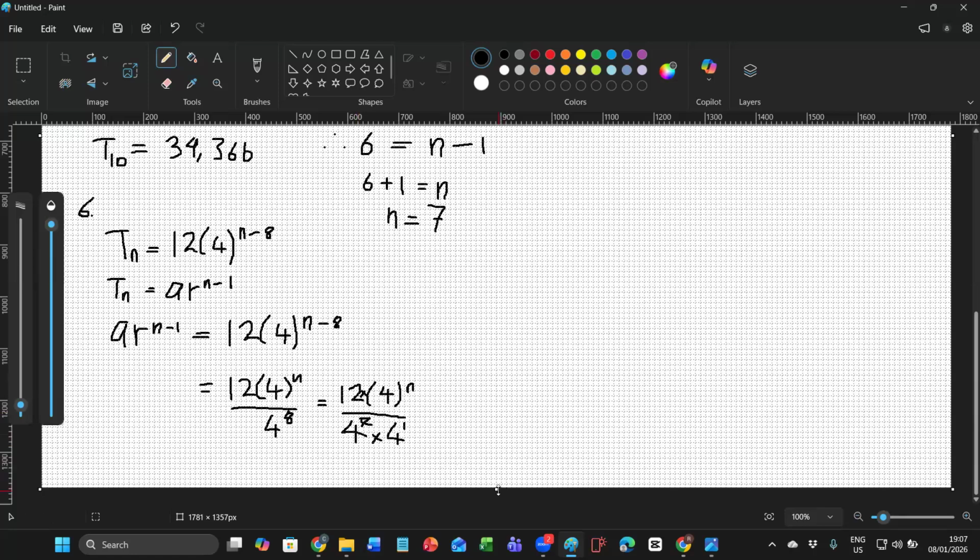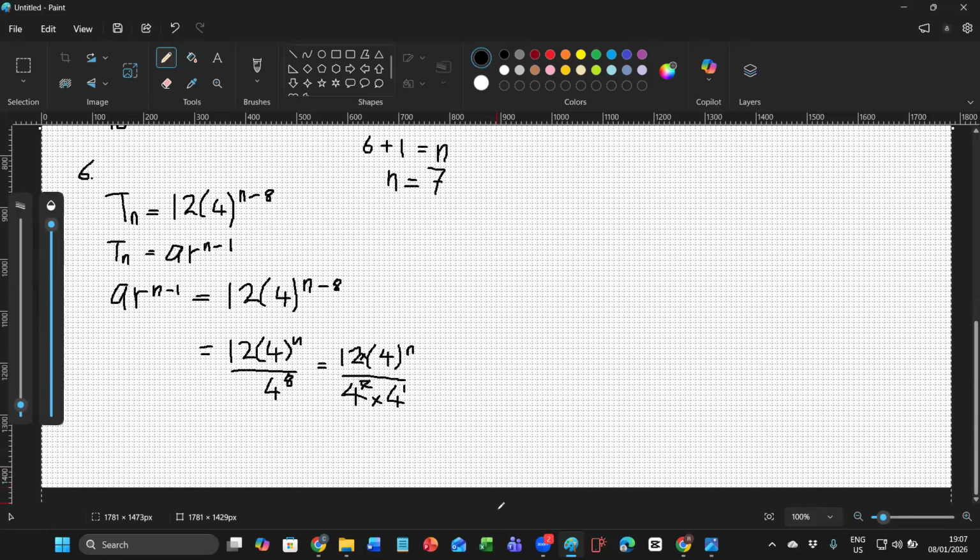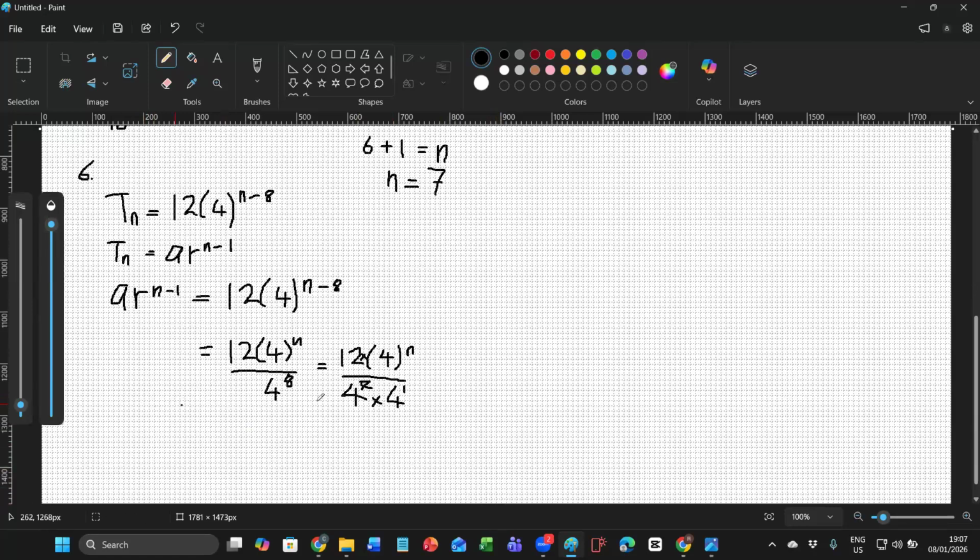So what I want to be able to achieve is 12 over 4 raised to power 7, times 4 raised to power n minus 1.